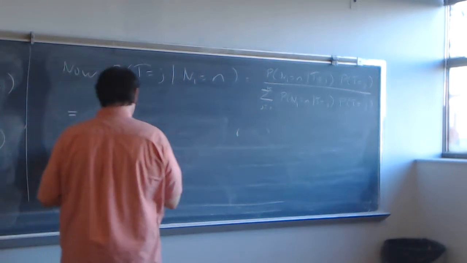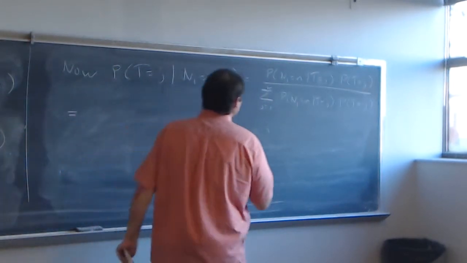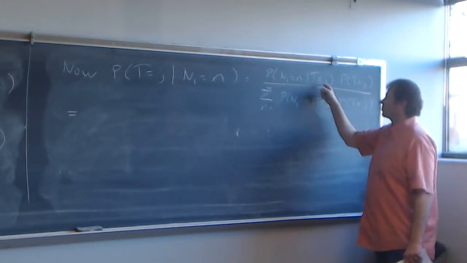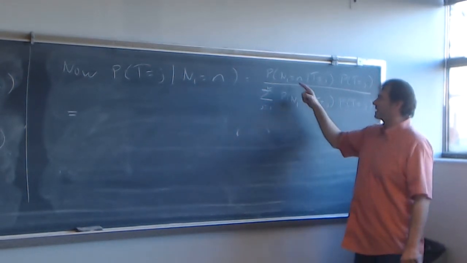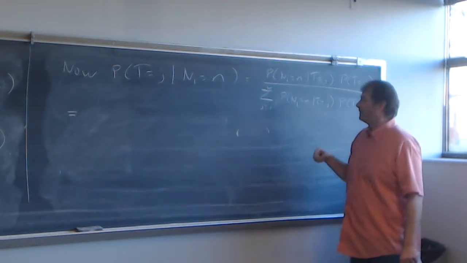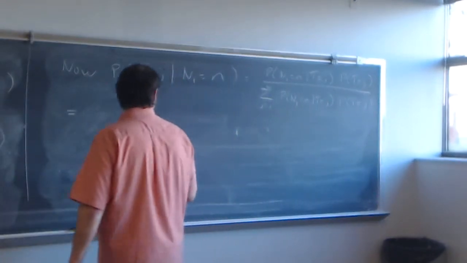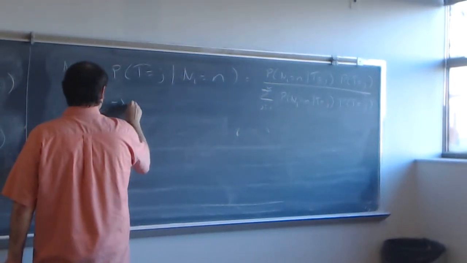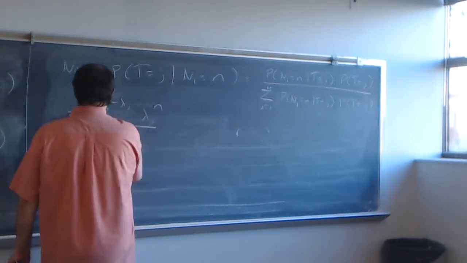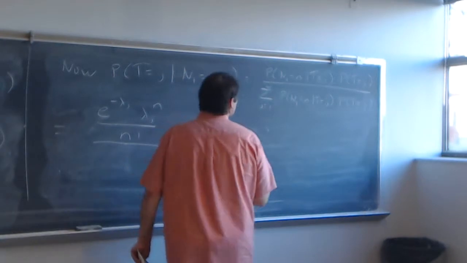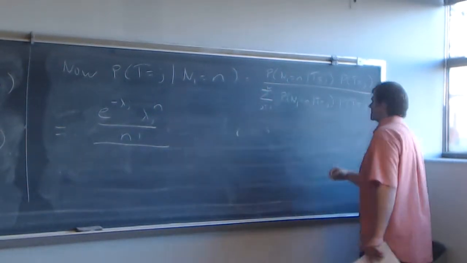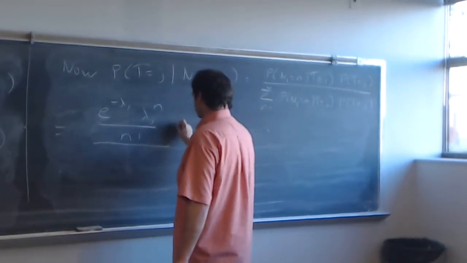So what is that? The probability of N sub 1 equaling N, given T is equal to J, we know lambda J is the mean, the parameter in the Poisson distributed random variable N sub 1, and so the chance that N sub 1 equals N would be e to the minus lambda sub J, lambda sub J to the N over N factorial, times the probability that T equals J, that's P sub J.